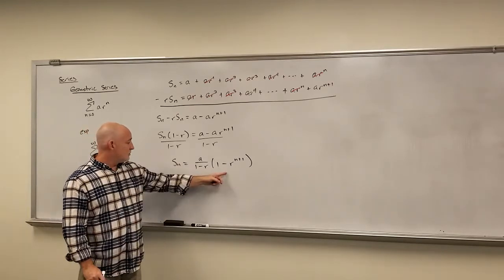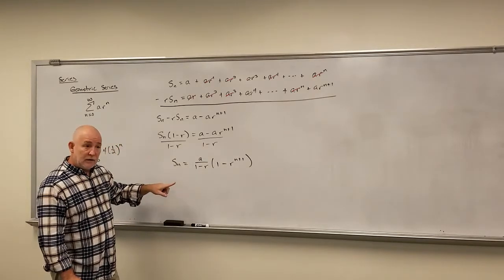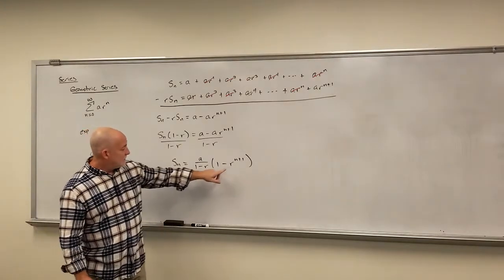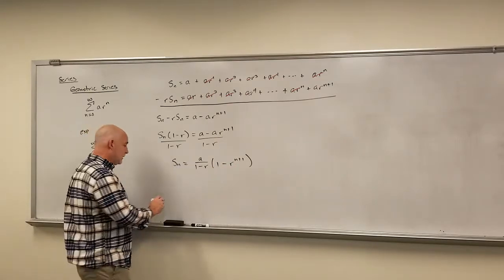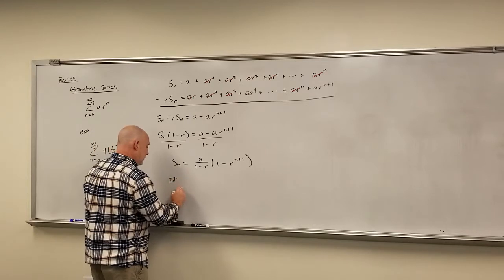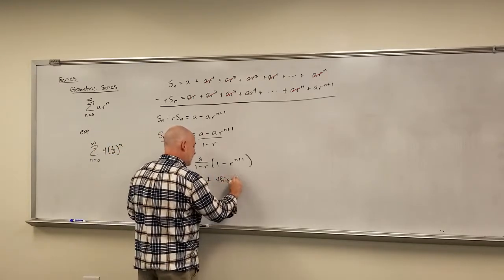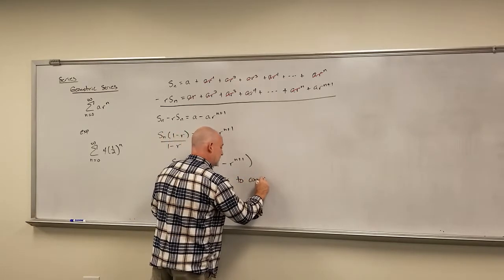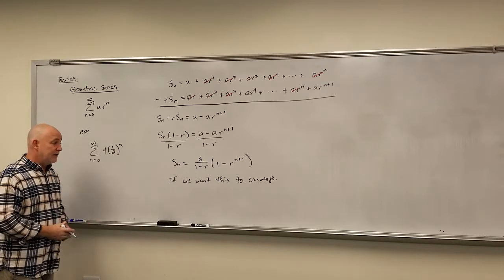Now, this is our partial sum. Now, notice the only thing that depends on our index, our n, is this piece right here. Now, if we want this to converge, remember, converge means add up to a finite value.